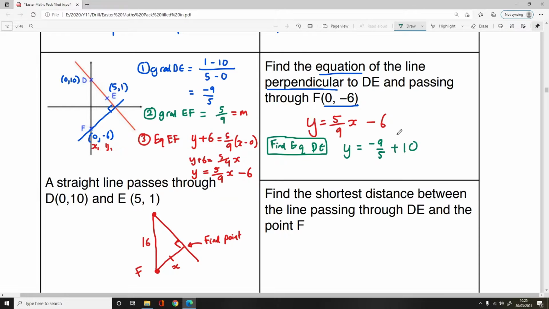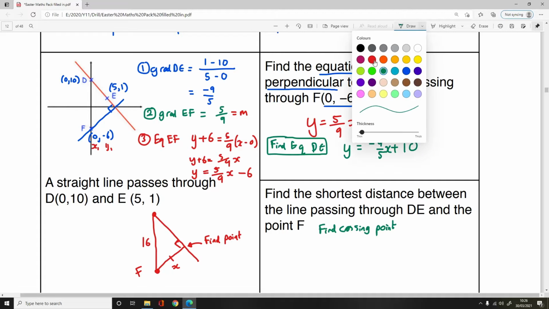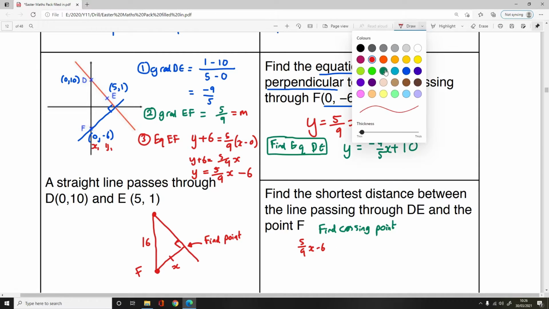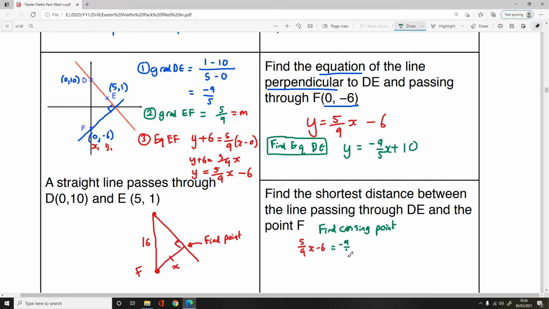Now, if we want to find where they cross over, we then need to set them equal to each other. So we need to find the crossing point. So y equals 5/9 x minus 6, and y also equals minus 9/5 x plus 10. We'd set those things equal to each other because they're both equal to y, and then we'd want to get all of the x's on one side, all the numbers on the other, so obviously add 6 on the other side.